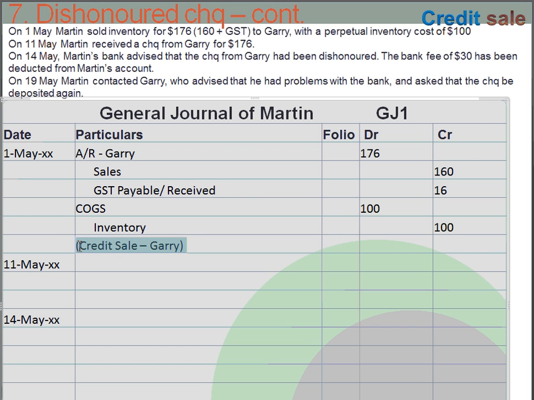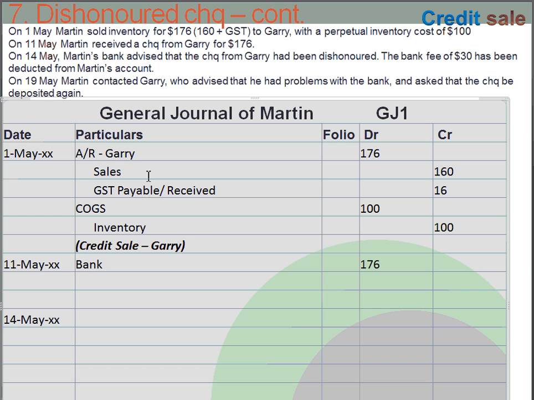On the 11th of May, we received the check from Gary. So you see that accounts receivable is no longer an accounts receivable because Gary pays money to Martin. So Martin receives money. So Martin will put the check in the bank and the bank balance will go up by $176.